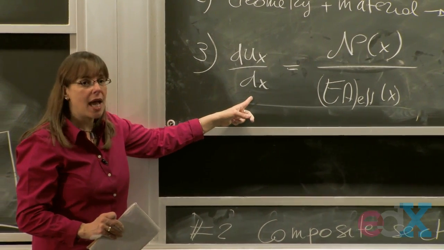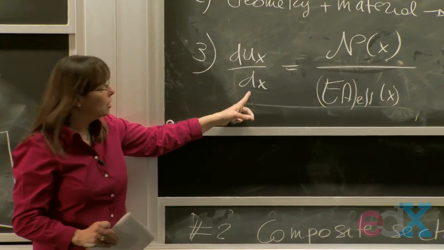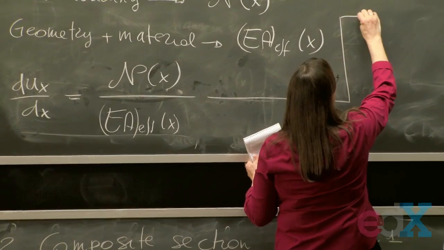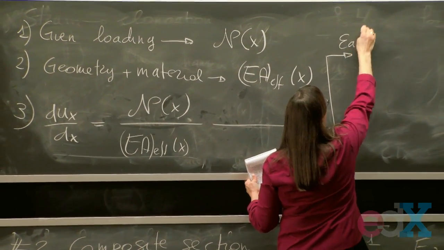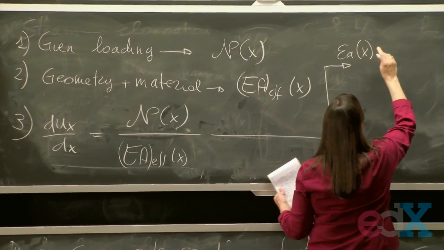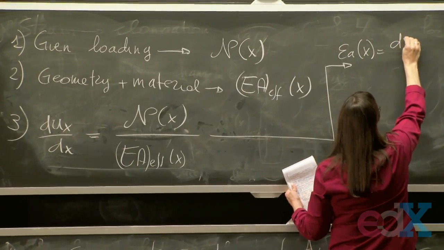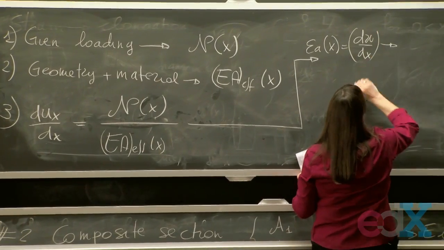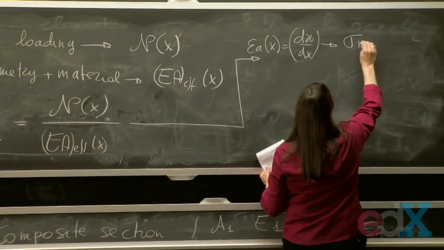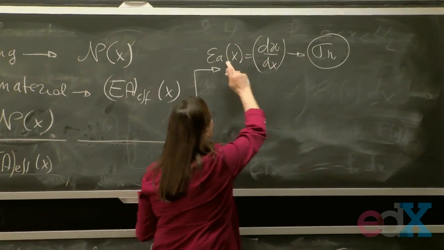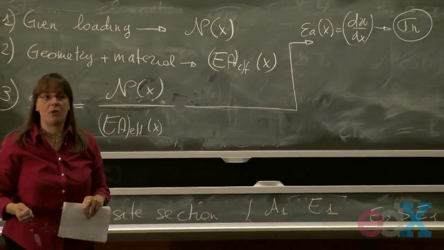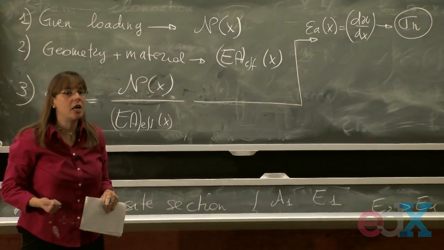Because from this du/dx, you can do all kinds of things. Out of du/dx, you can get epsilon a of x. And from epsilon a of x, which is equal to du/dx, you can get sigma n. Because you have epsilon a and you have the material, so you can get the stress everywhere. You can figure out if your structure is going to break or not.